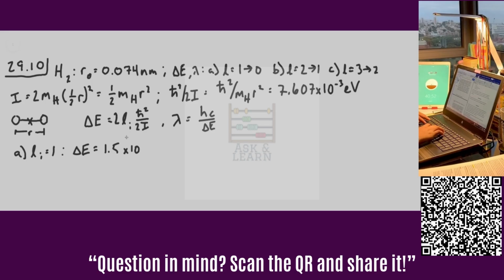I was confused for a moment. 1.5 times 10 to the negative 2 electron volts. And so then the corresponding lambda is going to be 82 micrometers.